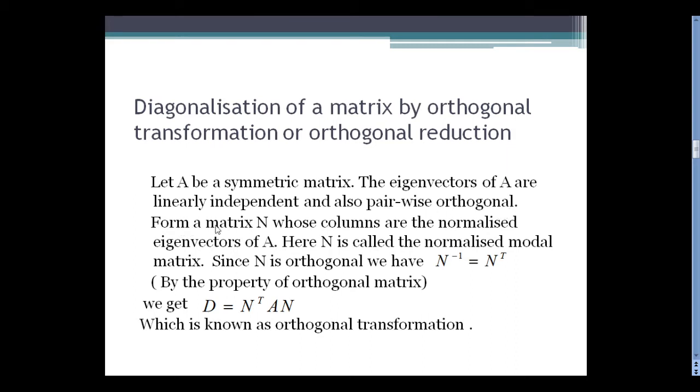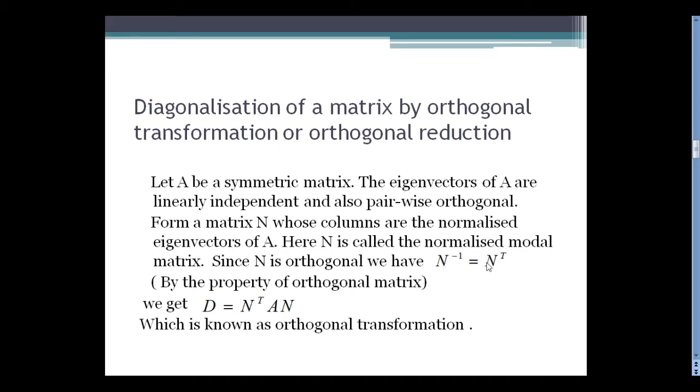Then we form a matrix N whose columns are normalized eigenvectors of A. Here this N we call the normalized modal matrix. Since N is orthogonal, I can write N inverse is equal to N transpose. This is the property of an orthogonal matrix.